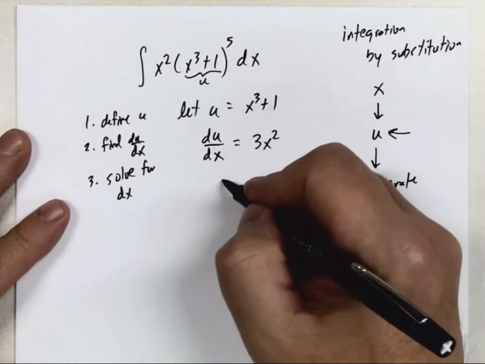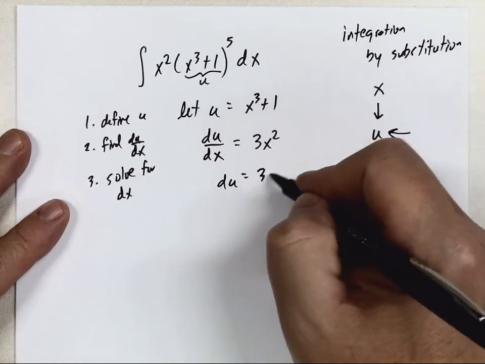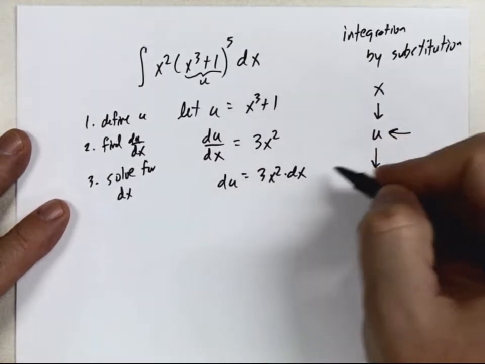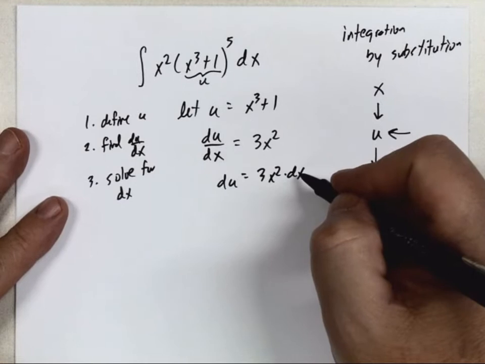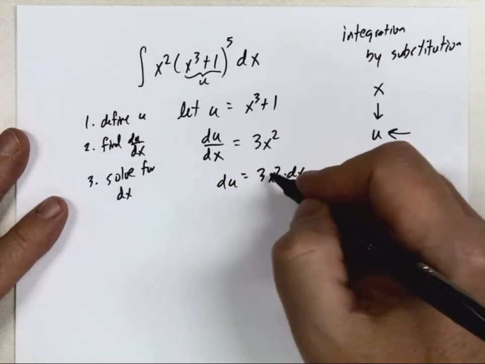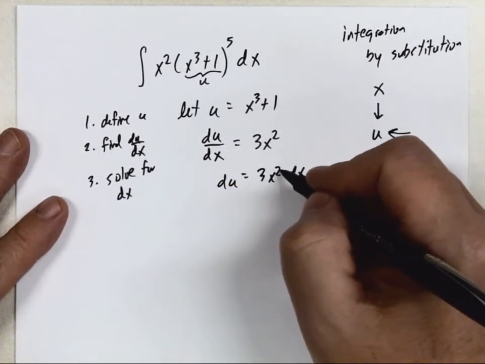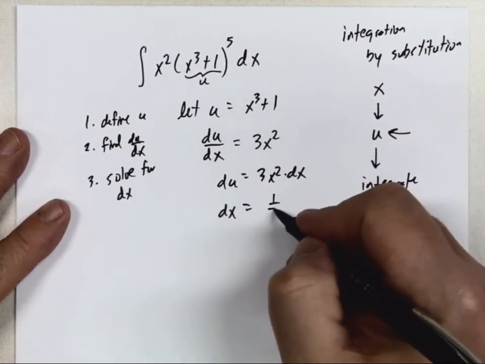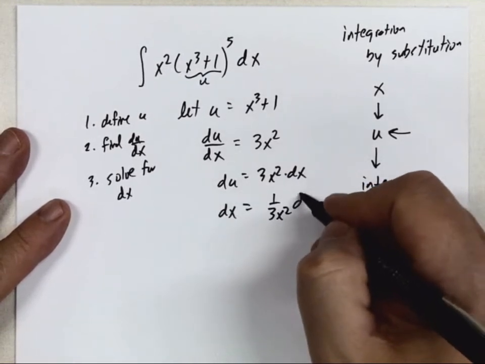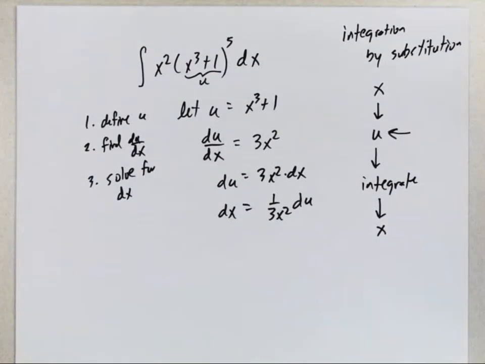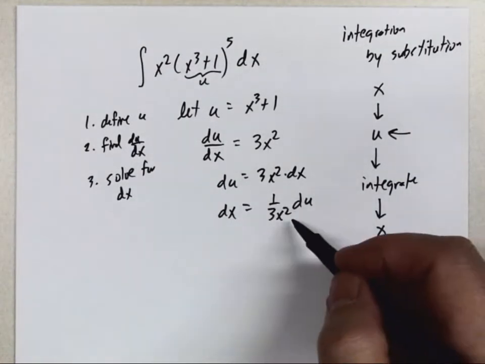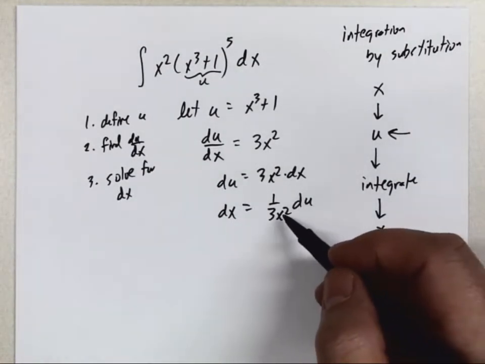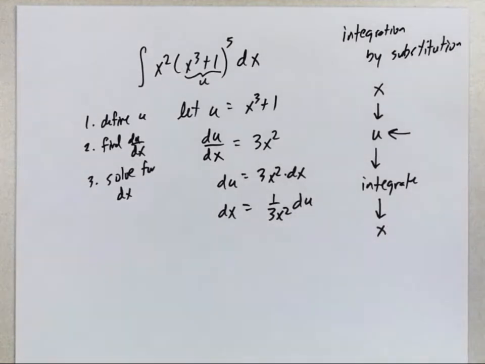So if I multiply both sides by dx, but if I want to get dx by itself, if I want to solve for dx, I'm going to divide both sides by 3x squared. I end up with this. I mean, it looks sort of ugly. In fact, I've got two variables here. I've got an x squared here and a u here.